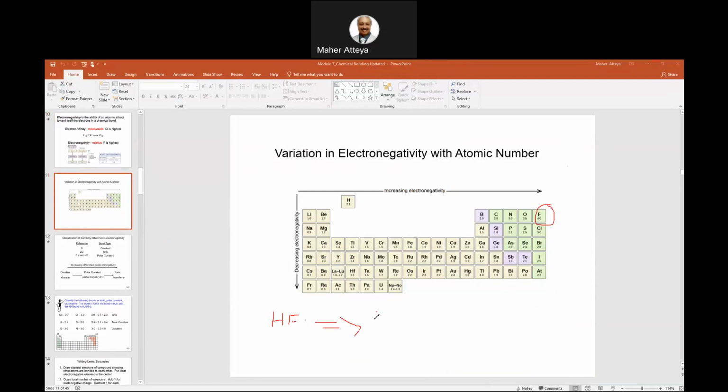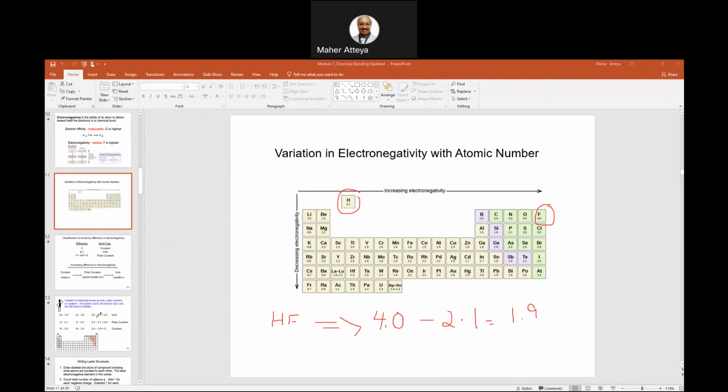So 4.0, they have no units, so just scale. 4.0 minus, the H is 2.1 at the top, 2.1. So how much is this one here? 1.1, correct? Am I correct? So you have 1.9.